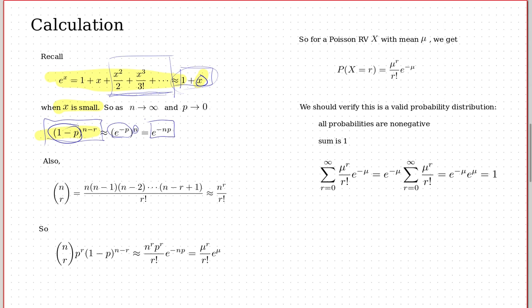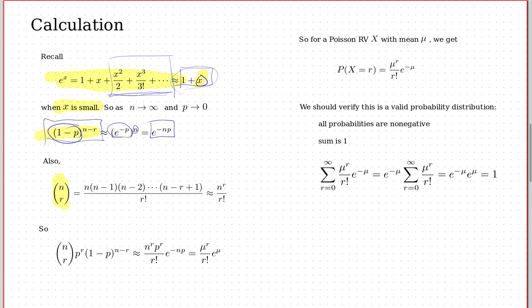Okay, so that's one thing that will help us. The other thing we'll need is an approximation for one of the other factors in the Bernoulli formula, n choose r. Now, n choose r is n factorial over r factorial times n minus r factorial.